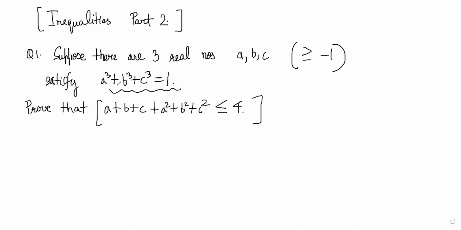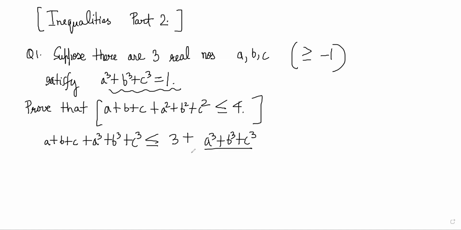A cube plus B cube plus C cube is 1, and here you have 4. So I can write it like this: A plus B plus C plus A square plus B square plus C square is less than equal to, instead of 4, I can write 3 plus A cube plus B cube plus C cube, right? Because 3 plus 1 is 4.